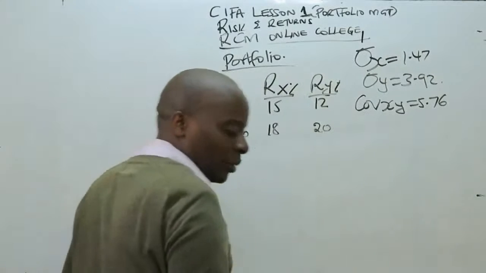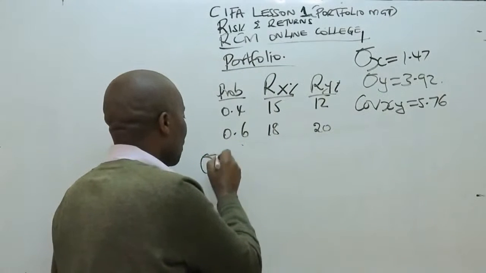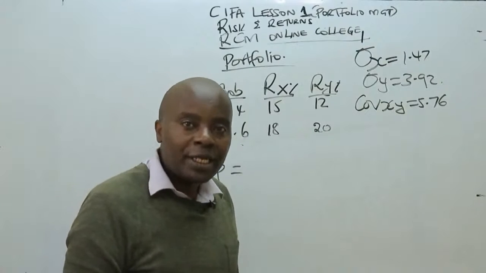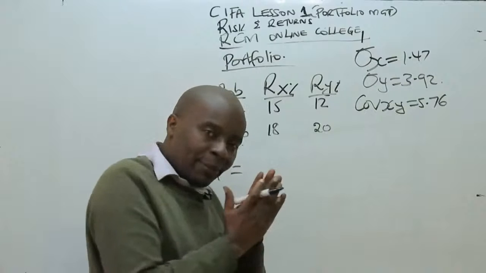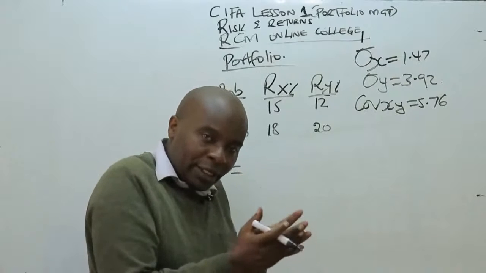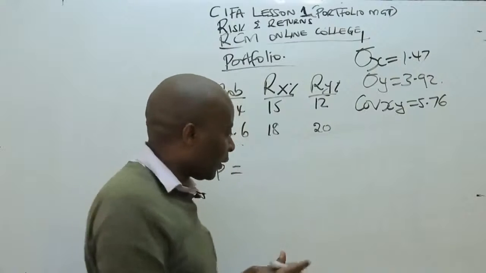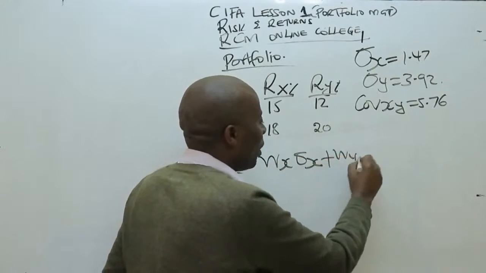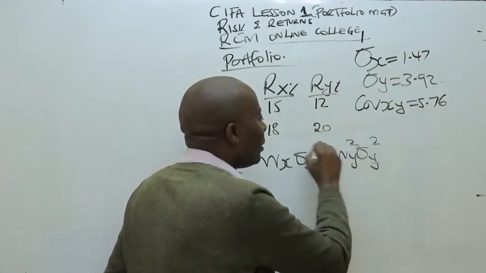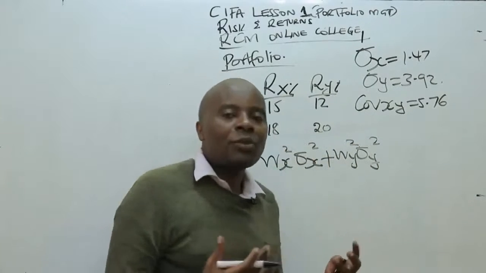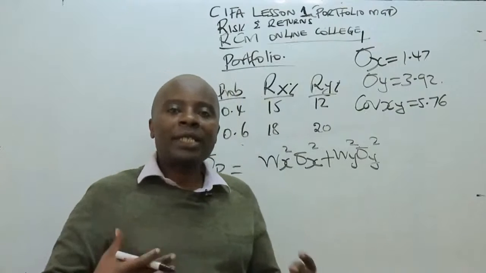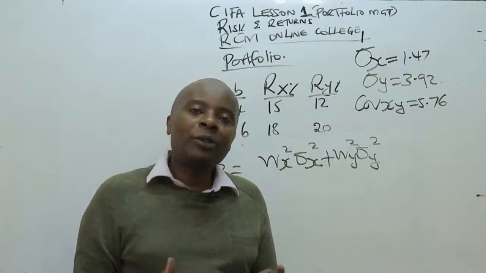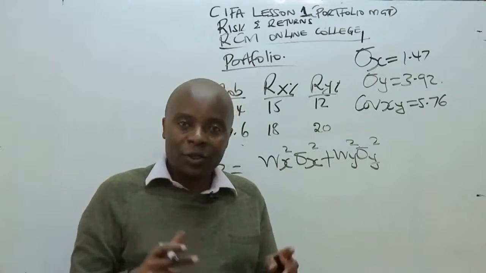What do I mean, ladies and gentlemen? To get the standard deviation of the portfolio, this is how I will do it. Remember, it is the standard deviation of a portfolio which is a combination of assets. So what I'll do is to combine the risk factors. So we'll talk of weight of X, standard deviation of X, plus weight of Y, standard deviation of Y. But remember that these things must be in terms of variances, because mathematically, it's not possible for us to add standard deviations directly.